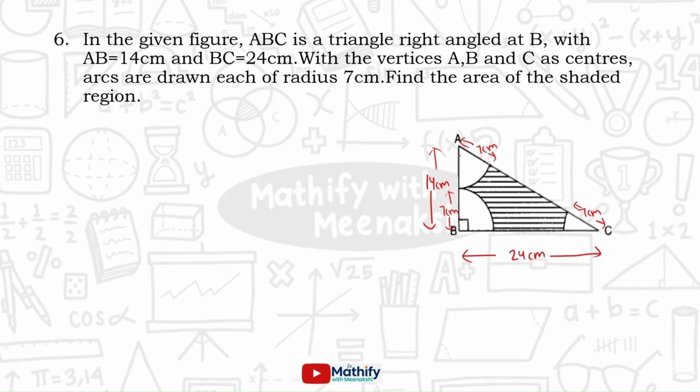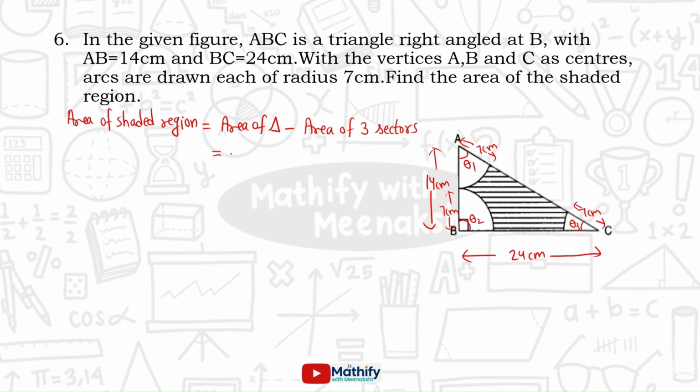Let's take these angles as theta 1, here theta 2, although we know it's 90, and this one as theta 3. Now we know if we want to find the area of the shaded region, then it's equal to area of triangle minus area of 3 sectors. I'm not writing 3 into area of sector because all the sectors are different.